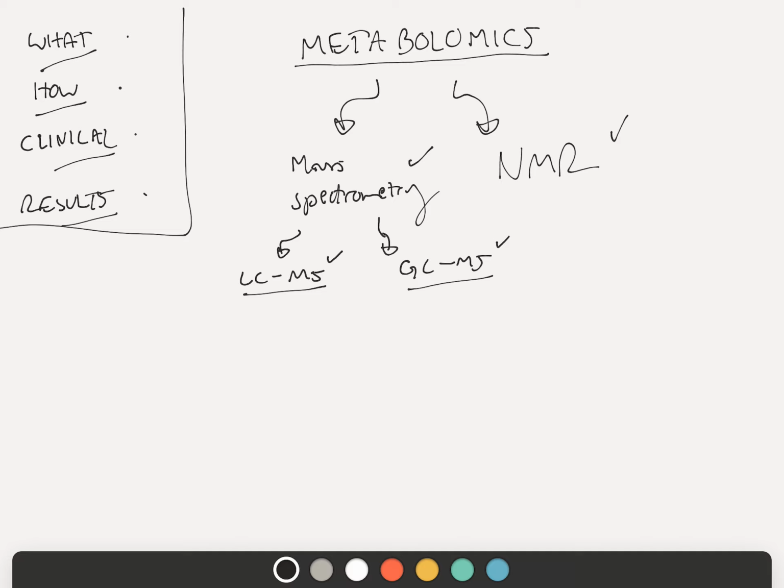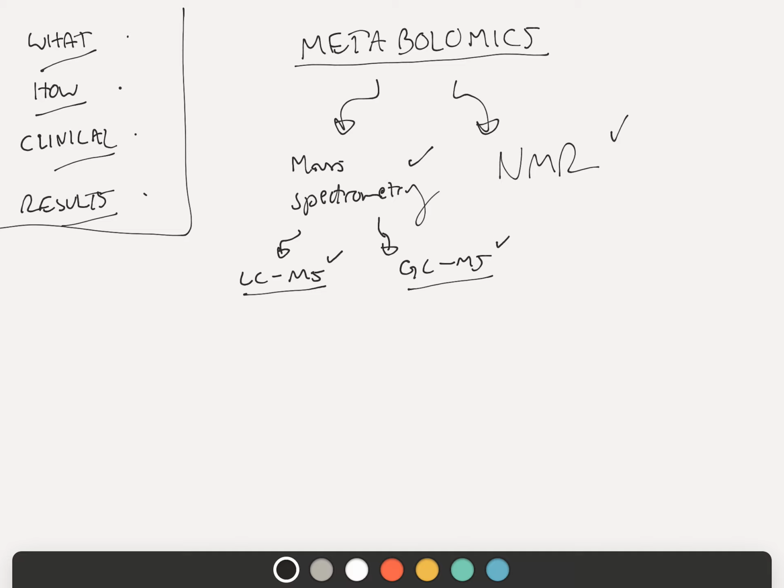Now, if you're familiar with mass spectrometry and how it works, then this will not sound new to you. So after fragmentation, you're going to take those fragments and use them to measure a certain amount of whatever substance you're looking for.